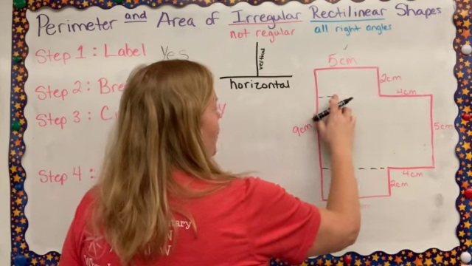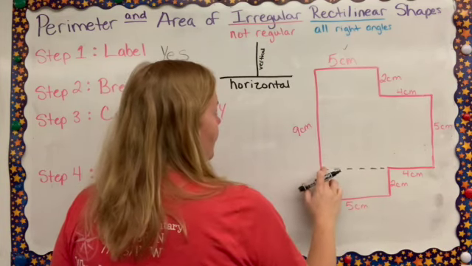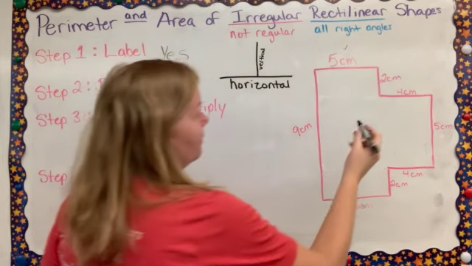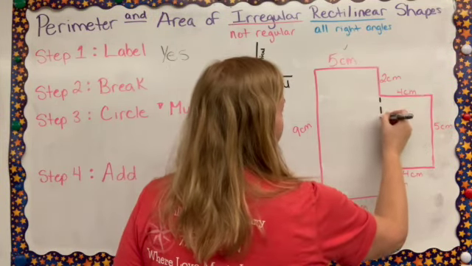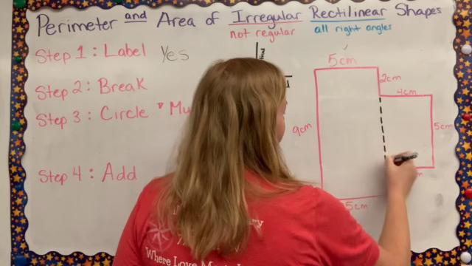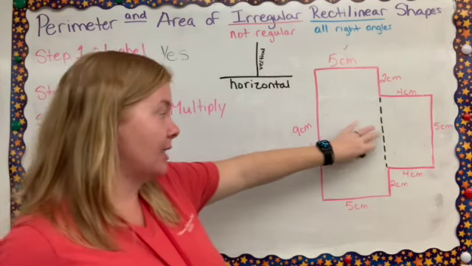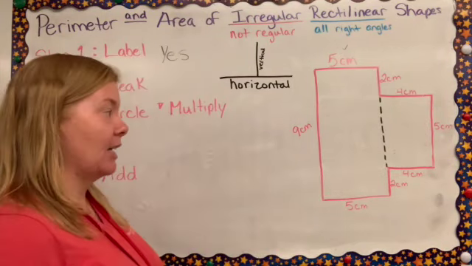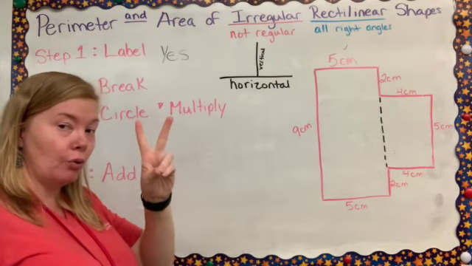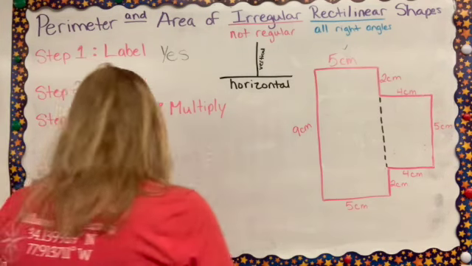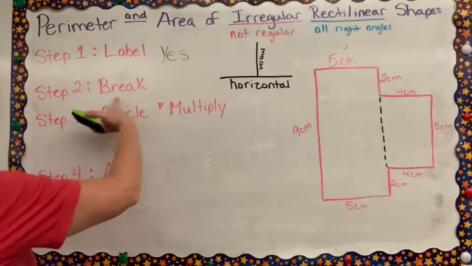My suggestion on this one is to break it vertically. If I break it vertically, then I only have to do the area of this rectangle and the area of this rectangle. So I only have to do 2 lengths times widths instead of having to do 3 if I do it the other way.